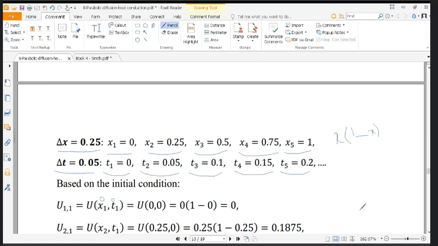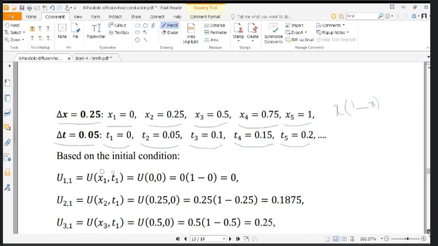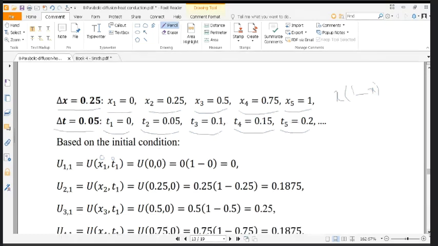Using this formula at t1, we have 0 for u1 and 1. Please pay attention: this is the first step, the start point, where t1 is 0.